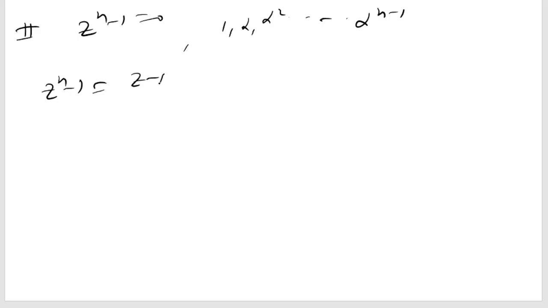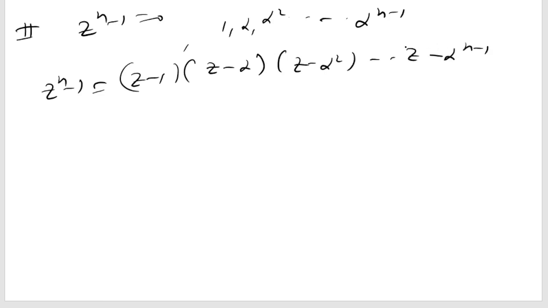Okay, so one more very interesting property. See, z to the power n minus 1 equals 0 has roots 1, alpha, alpha square, up to alpha to the power n minus 1. So I can write it like this: z to the power n minus 1 is equal to (z minus 1)(z minus alpha)(z minus alpha square) up to (z minus alpha to the power n minus 1).